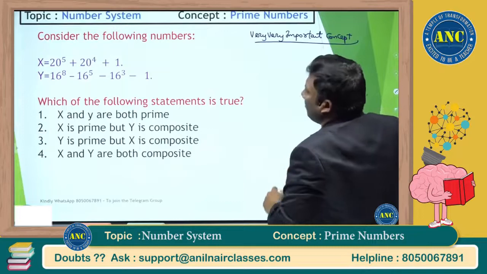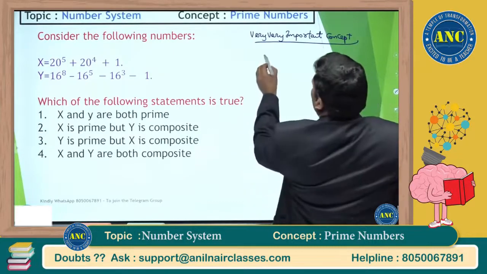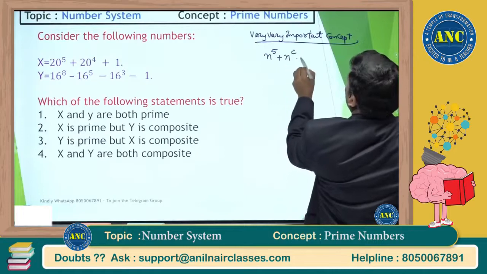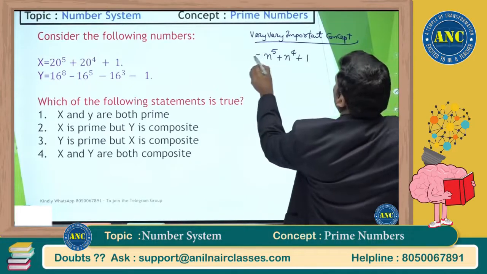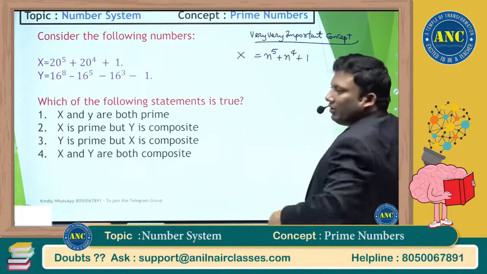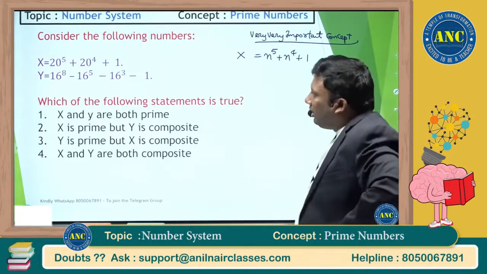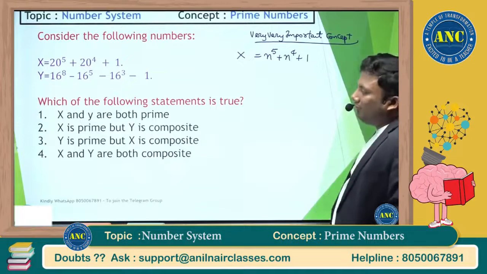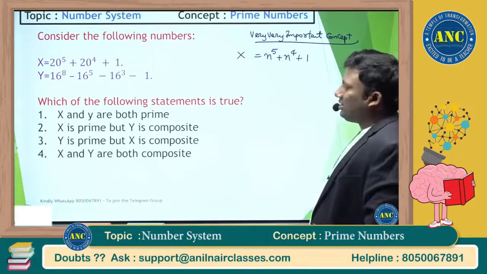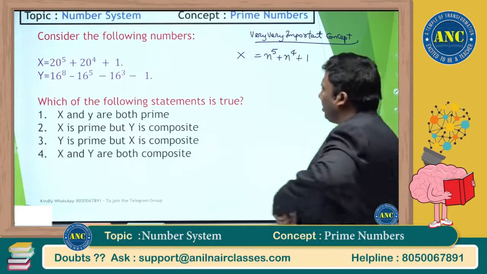This question and the previous question: X is equivalent to n power 5 plus n power 4 plus 1. Not only for n value 20, be it any value. We have to check whether this number is a prime number or a composite number.